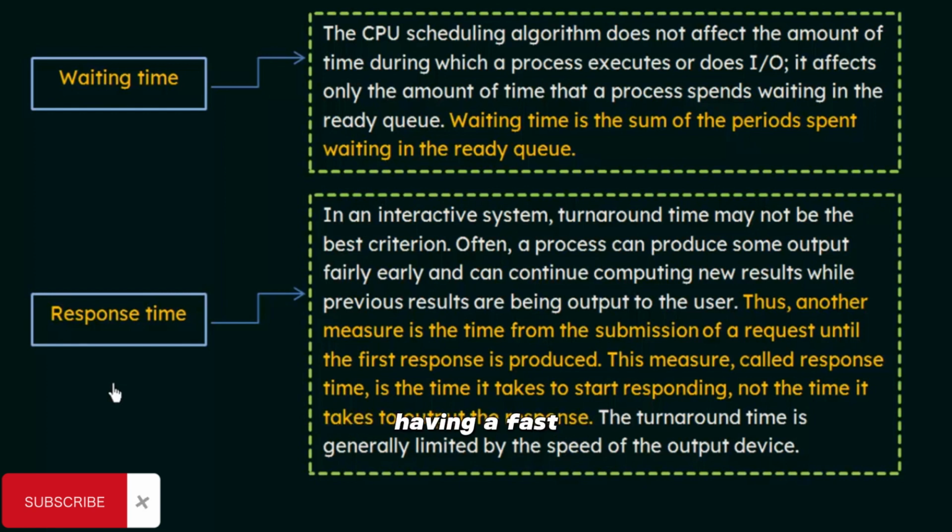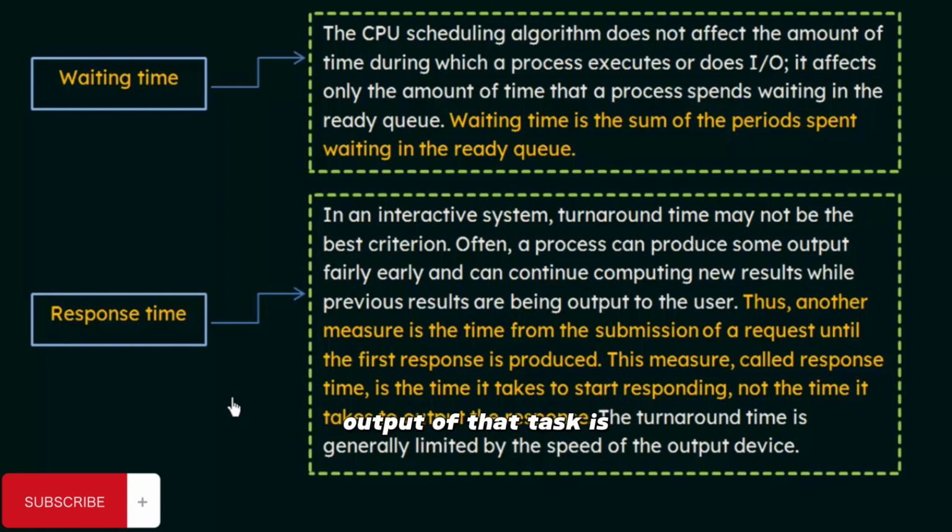Because if you have a fast interactive system, a process can produce some output fairly early and it can continue computing new results while the previous results are being output to the user. Say a process was doing a particular task, and it already completed the task very quickly.